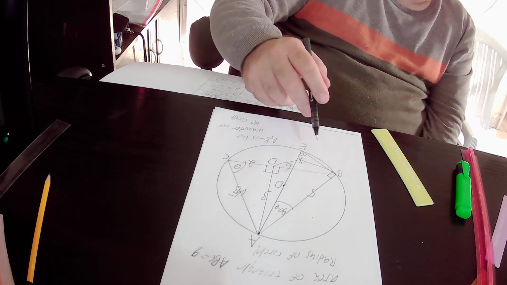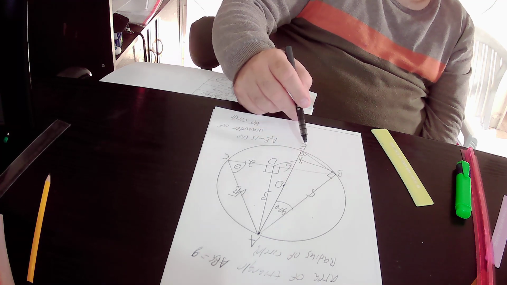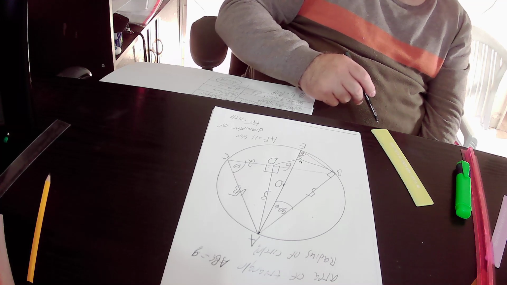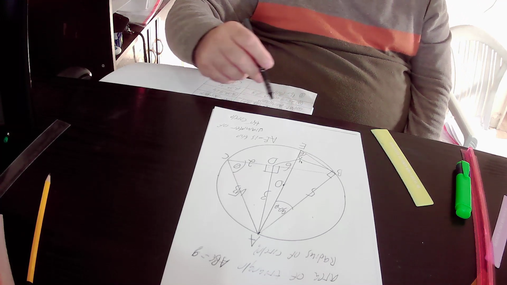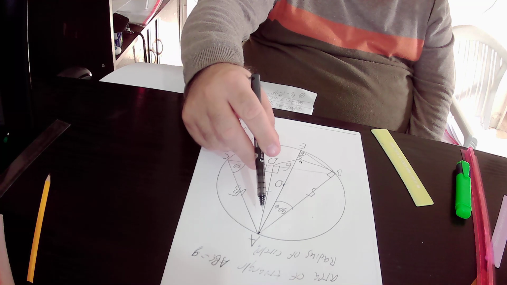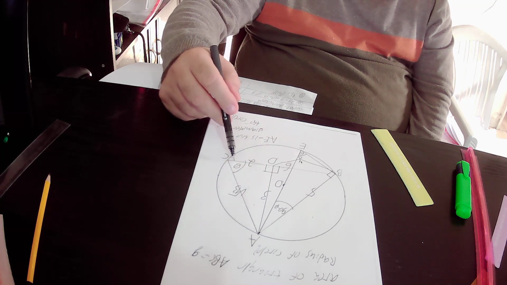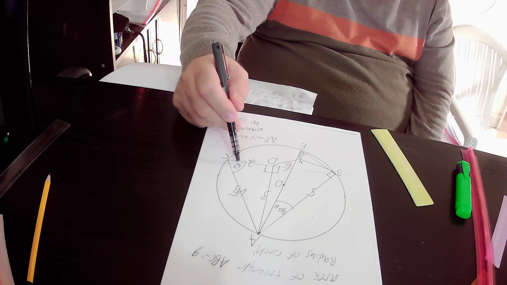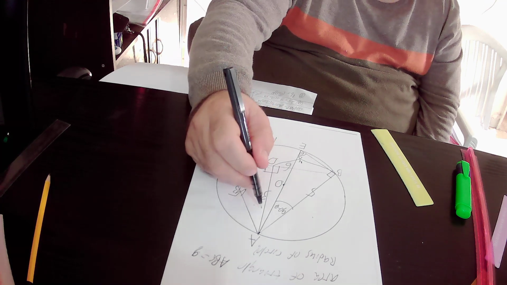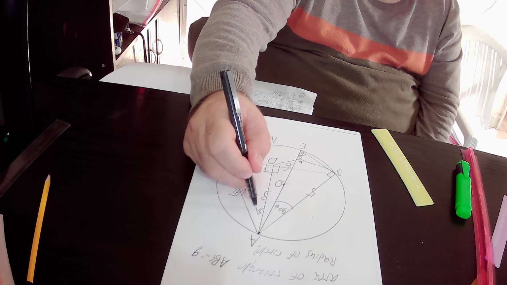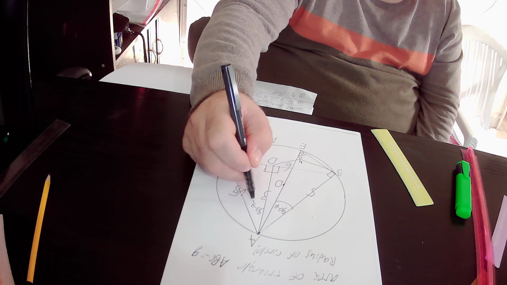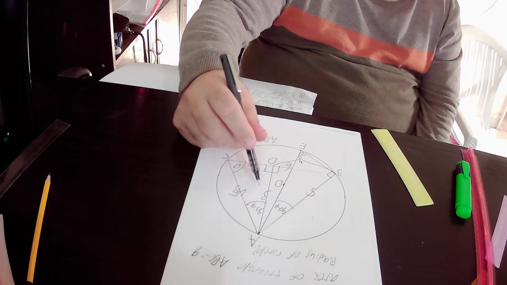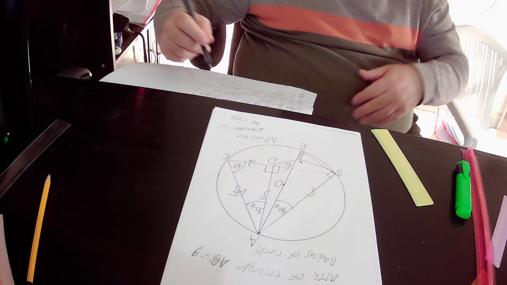Then you can see that 90 degrees minus theta plus theta is 90 degrees, and 90 degrees plus 90 degrees equals 180 degrees. And for the same reason, because triangle ADC is a right triangle, this angle equals 90 degrees. This angle equals theta. This angle must be equal to 90 degrees minus theta in order to complete the sum of the angles in triangle ADC to 180 degrees.